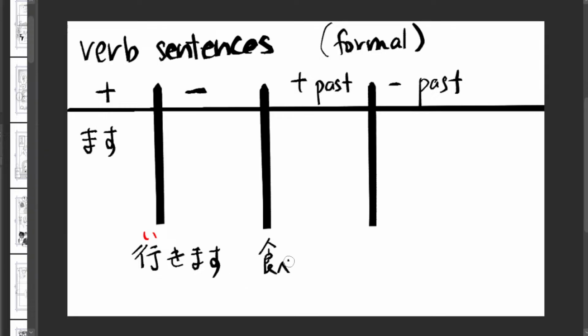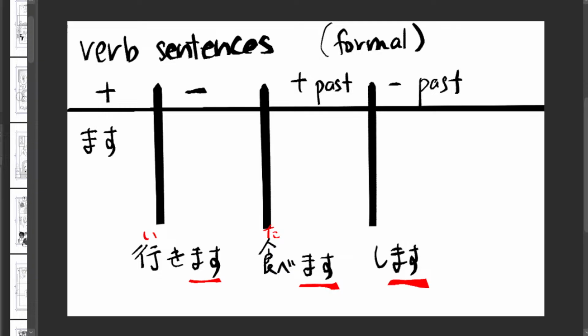Tabemasu means to eat. And then we have shimasu, which means to do. So every Japanese verb in formal form will end with masu. This is positive.